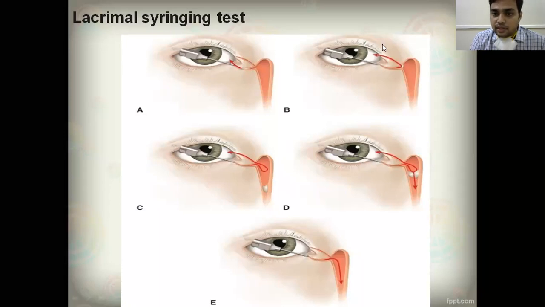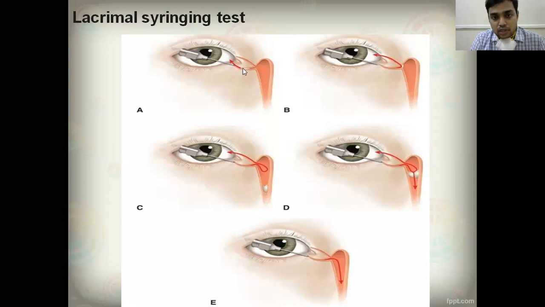But here, in this case, we injected fluid from the lower punctum, but there is a reflux of fluid from the upper punctum. So if there is regurgitation of fluid from the opposite punctum, it is because of obstruction at the common canaliculus, lacrimal sac or nasolacrimal duct.